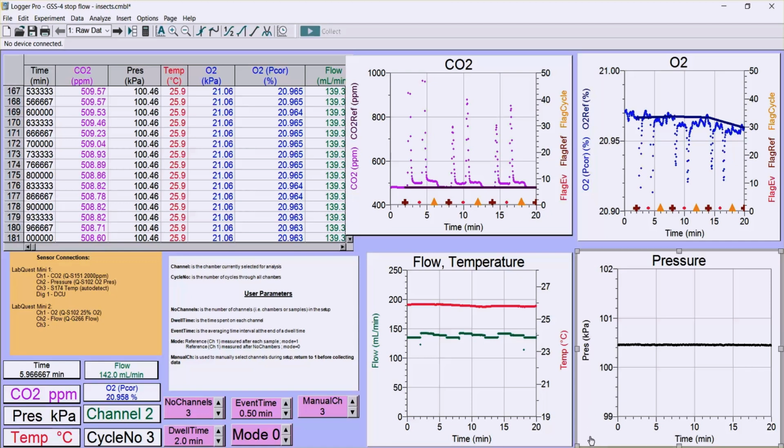So it's important to come in and periodically save your files, to make sure that if there's a computer meltdown or something happens, you don't lose your data. If you run your experiments over days, we in fact recommend that you restart every day with a new experimental file and save your data throughout the day to make sure that you don't have any lost data.